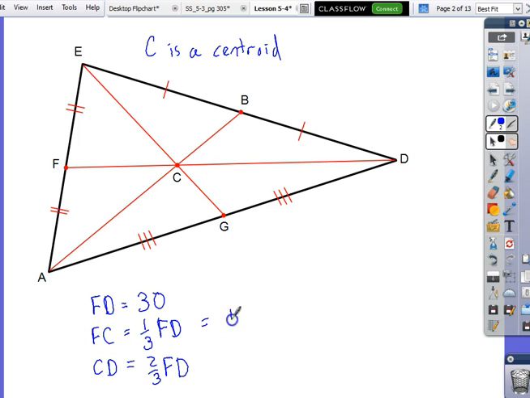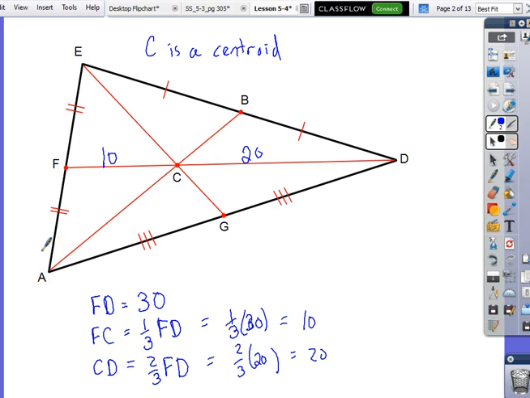So what's 1/3 of 30? 1/3 of 30 is 10, so this length is 10. What's 2/3 of 30? 20. So this segment is 20. What does it appear the relationship between this segment and this segment is? Yep, the longer one is twice as long as the shorter one. That makes sense since they're in a 1-to-2 ratio. This one would be 2 times as much as this one.